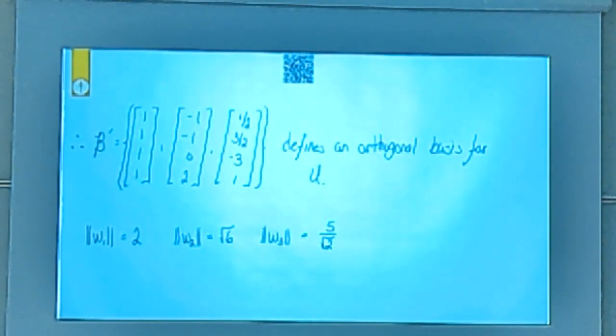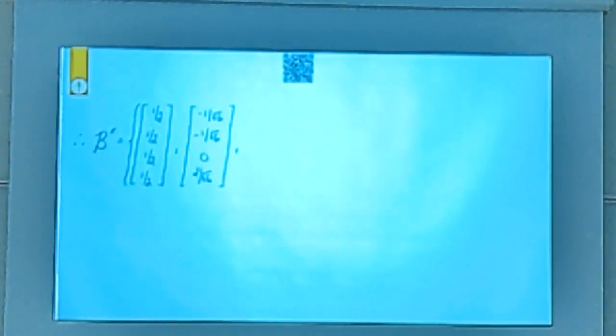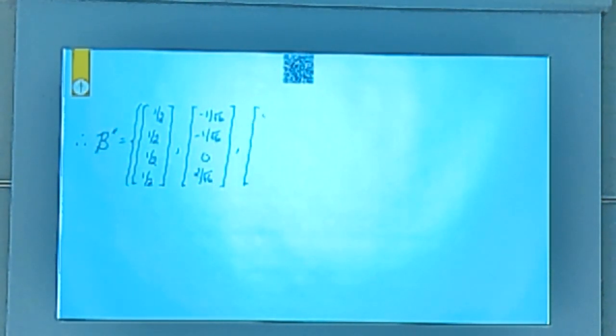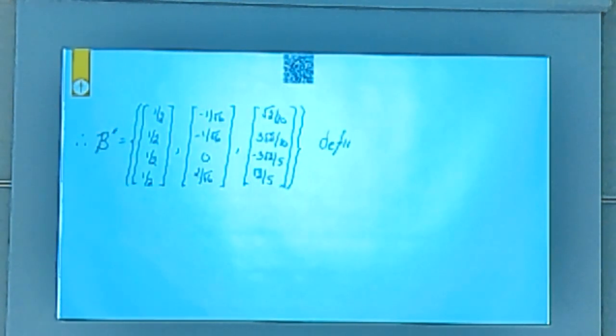Take the third vector, multiply it by root 2 over 5. And that would be an orthonormal basis.